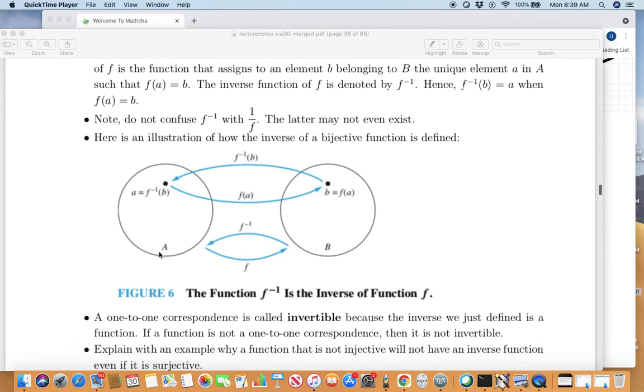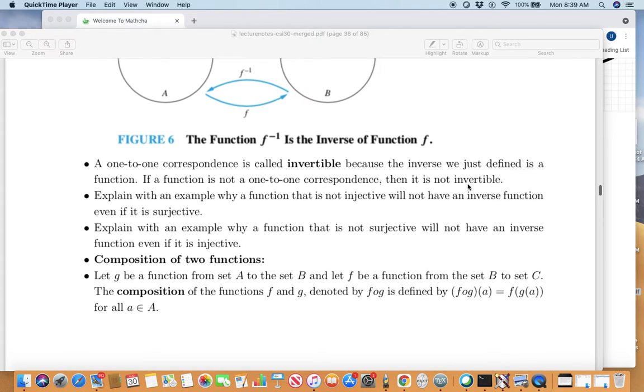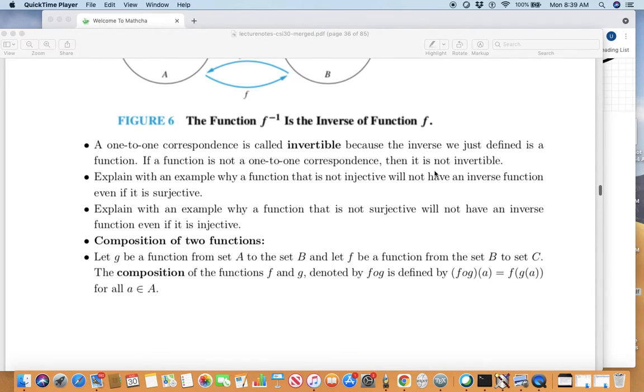All right, so that's how you are able to define f inverse. If f were not bijective, then f inverse would not be a function. A one-to-one correspondence is called invertible because the inverse we just defined is a function. If a function is not a one-to-one correspondence, then it is not invertible. That is, it does not have an inverse function.